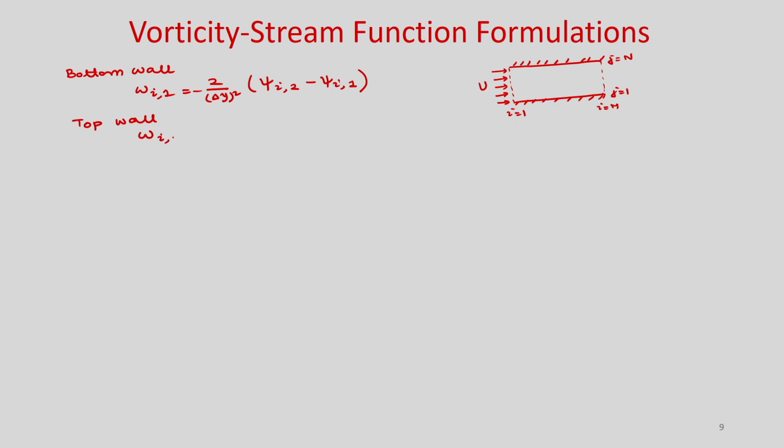So, omega i n is equal to minus 2 by delta y square, and you will get psi i n minus psi i n minus 1. So, omega i n you can find like this.